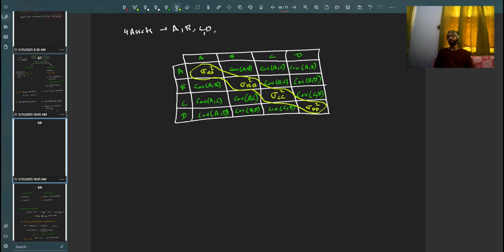All the variances are mentioned here. How many variances are there? There are 4 variances, right? And the rest are all covariances. But in the covariances, there are many identical terms. For example, first row, second box, covariance A with respect to B is the same as second row, first box, covariance of A with respect to B.